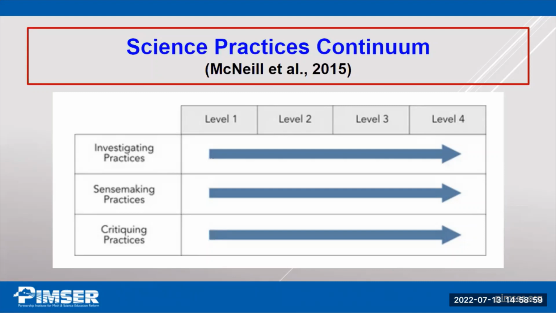This continuum shows 4 levels, with level 1 meaning that the practice is not observed or in use even at its most basic level, generally in a lesson, and level 4 showing sophisticated use of the practice. While Appendix F provides significantly more detail for each element of the practice at particular grade bands, this continuum shows how students can engage in the use of the practice in developmentally appropriate ways at any of these levels.